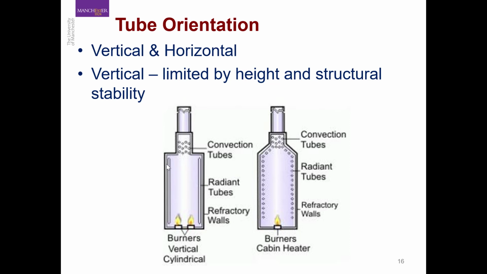Okay, because if you have vertical tubes, then the vertical tube height is limited by the height of the overall structure. Because we have to think about the stability of the structure from the civil engineering point of view, like how this furnace is going to stand, and whether it is going to move because of the wind speed and wind thrust. So we have to be careful with the height of these vertical furnaces. So sometimes in plants, you might see that there are wires.